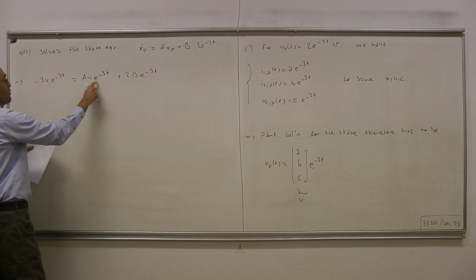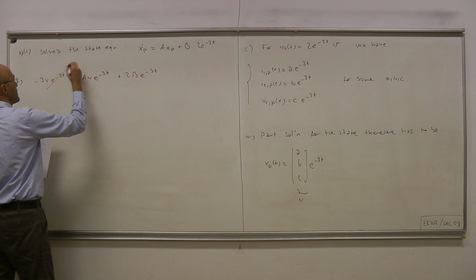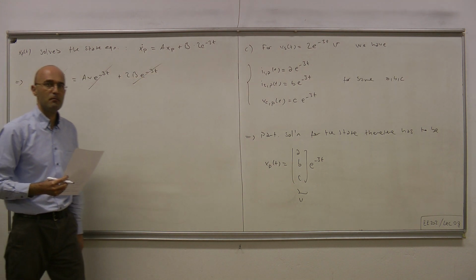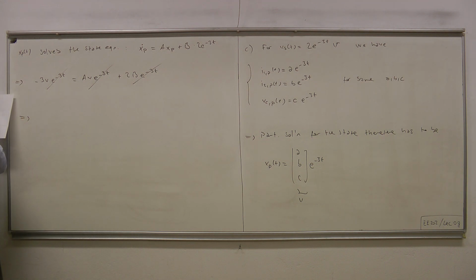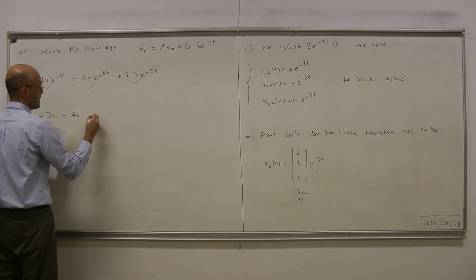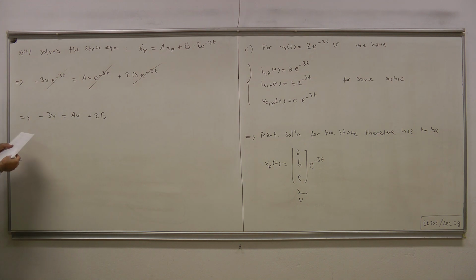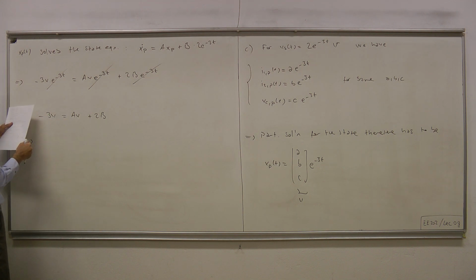Now, e to the minus 3t for any t is never 0, therefore we can cancel them and make our equation much simpler, a time invariant equation. And from there we have minus 3v equals A v plus 2B. Now let's collect the unknown terms on one side, which is this v and that v over here.